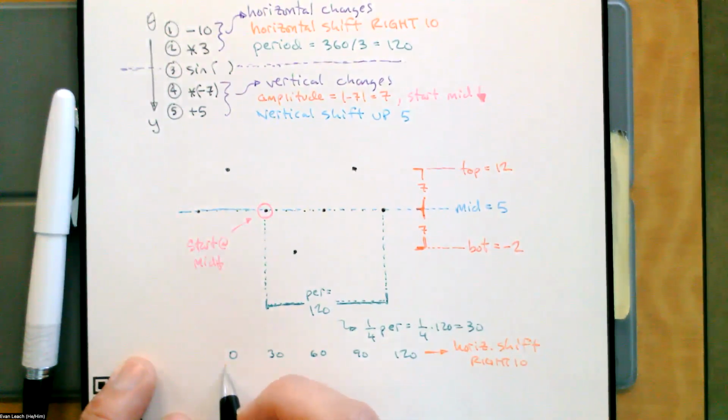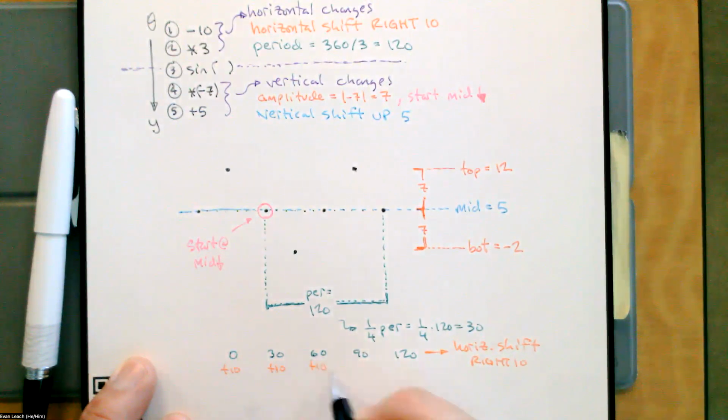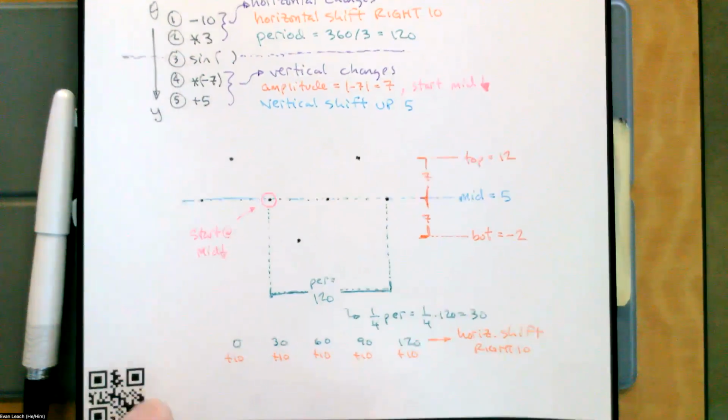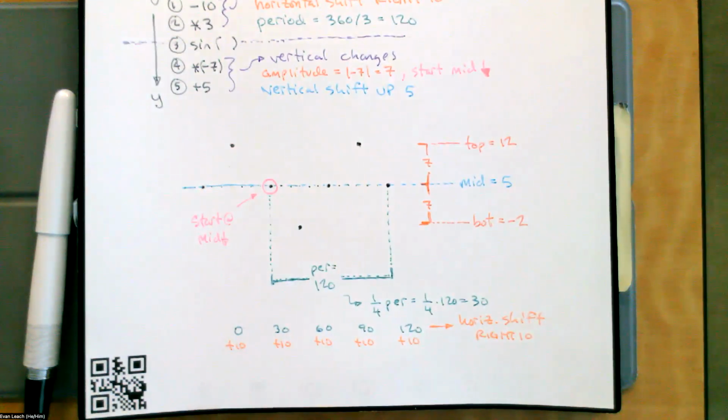So I'm going to have to add 10 to all these. So instead of the start, at the middle going down, being at 0, 5, it's going to be at 10, 5.